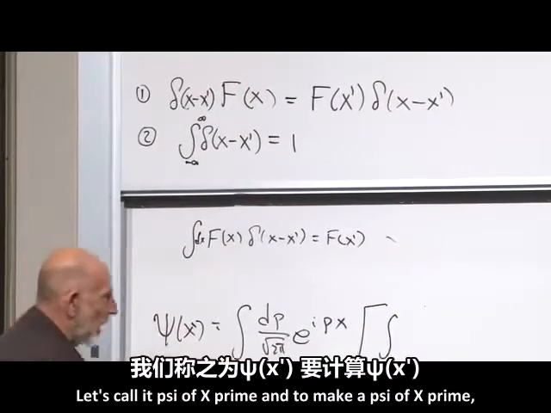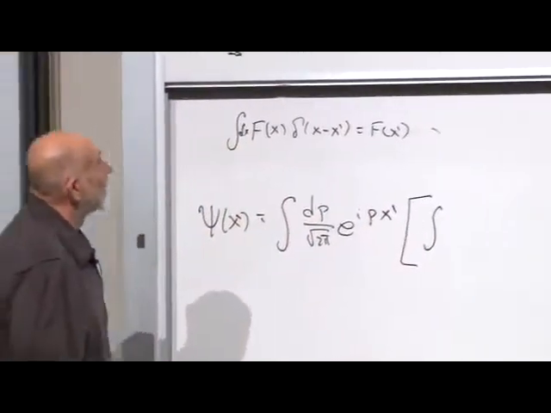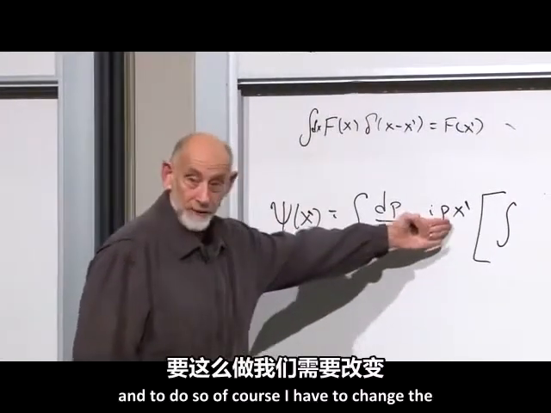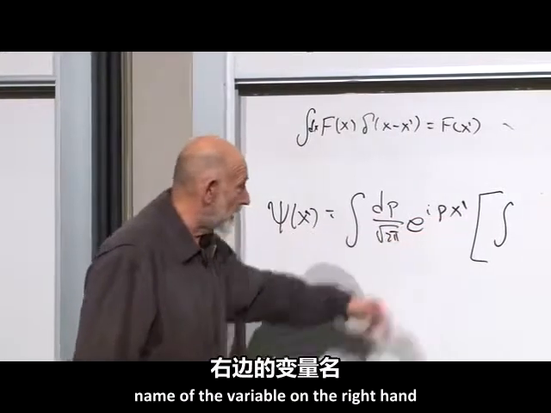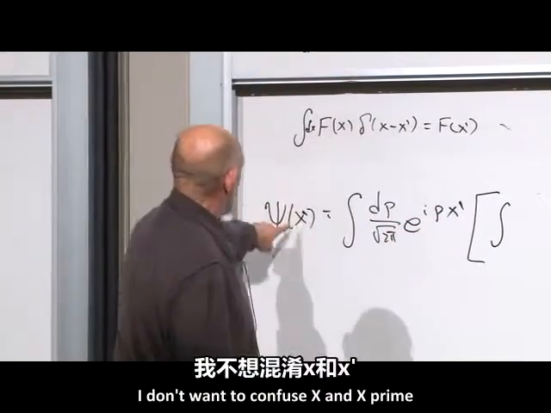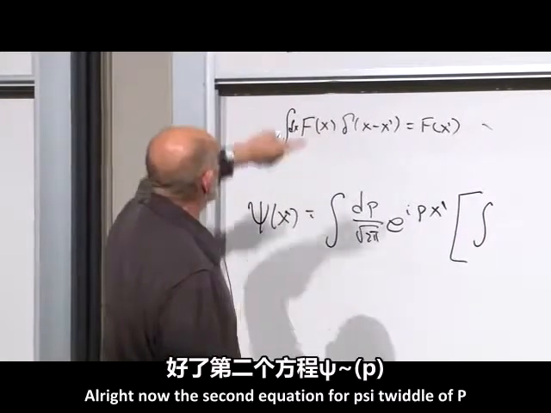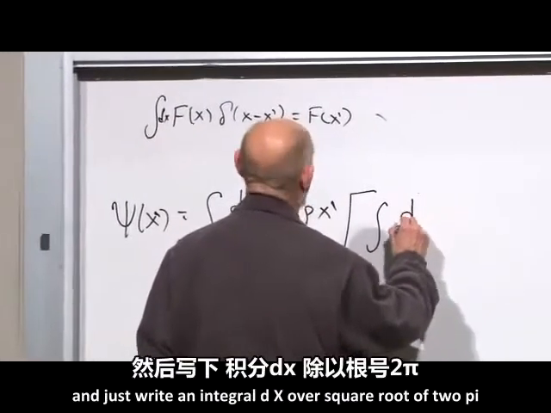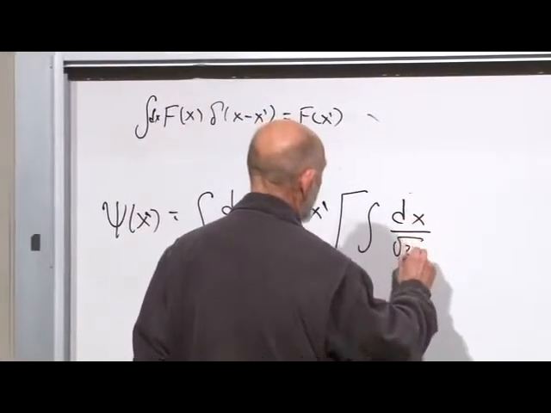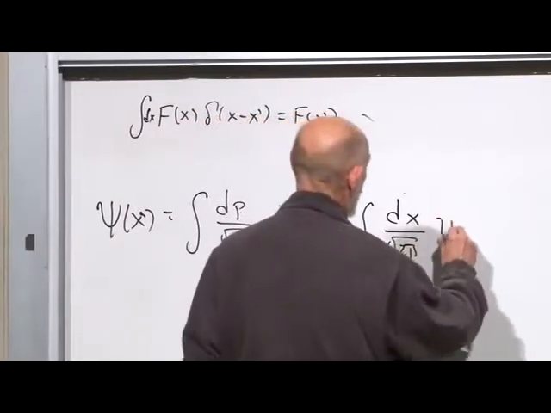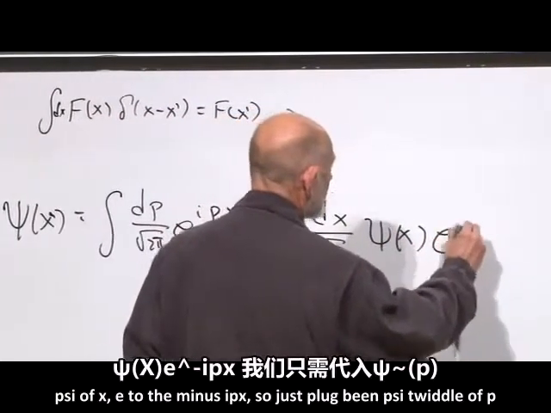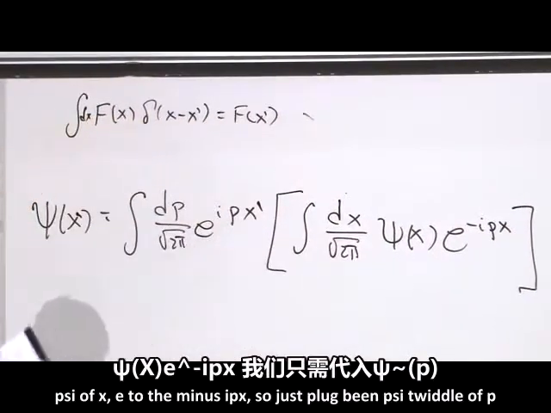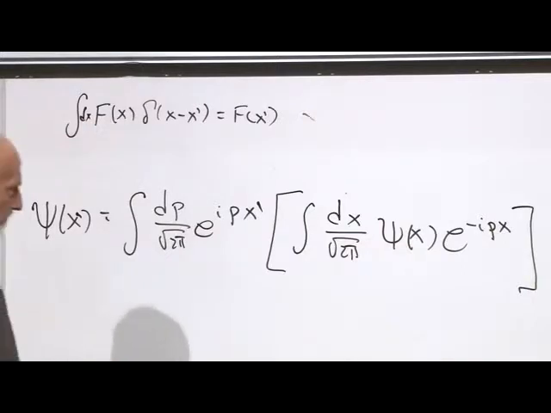To make it psi of x prime, all we have to do is put a prime here. I've just changed the name of the variable on the left side, and of course I have to change the name of the variable on the right-hand side too. I don't want to confuse x and x prime. Now the second equation for psi twiddle of p I can leave as it is: the integral dx over square root of 2 pi, psi of x, e to the minus ipx. So I've just plugged in psi twiddle of p.